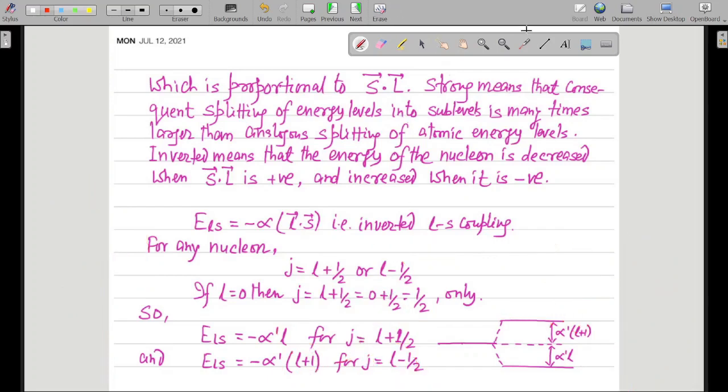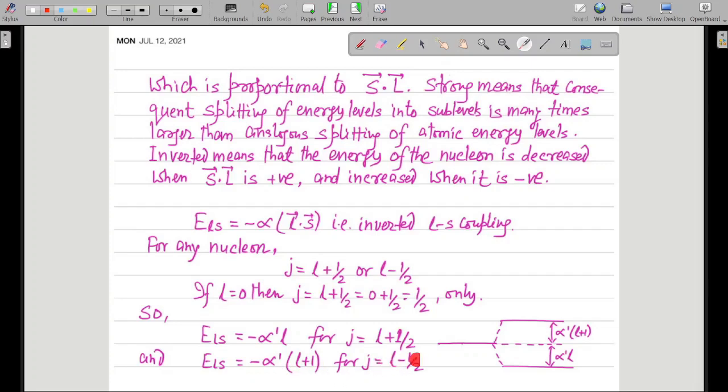So that is the thing, because the energy will be lower when J is higher. So the energy for this is what? This is lower J, so the energy is lower, because the negative sign is there. When more quantity has a negative sign, that is called a lower level.